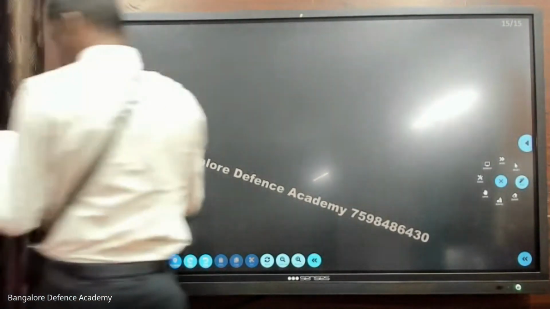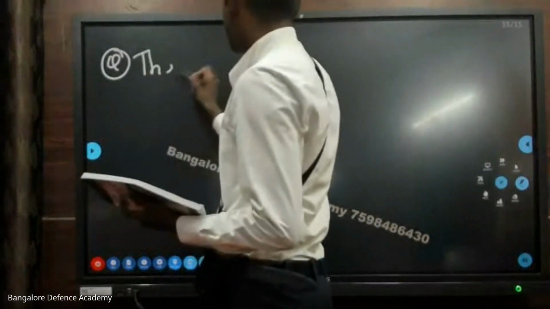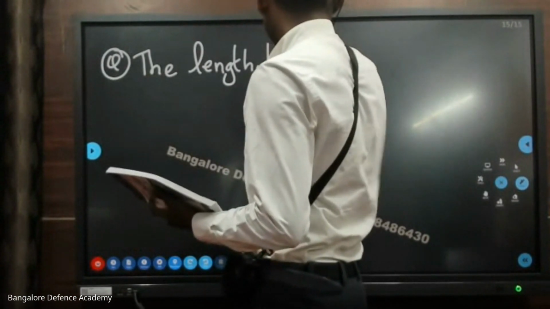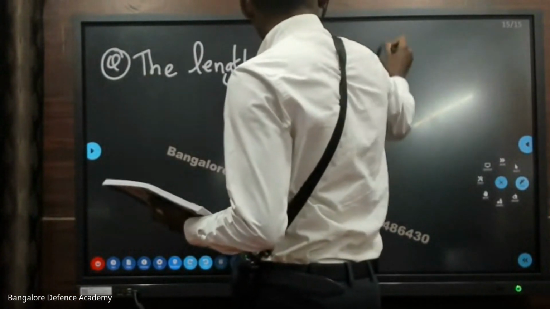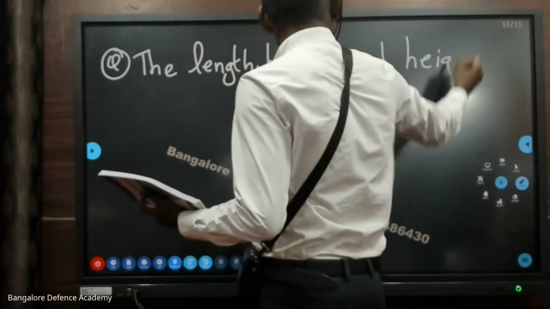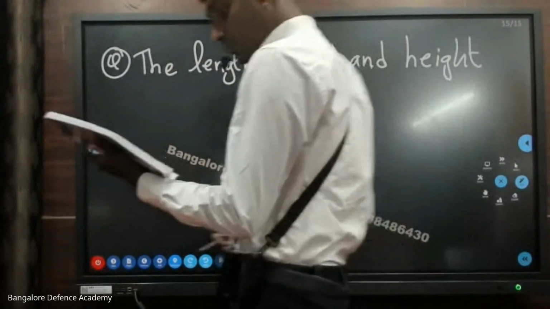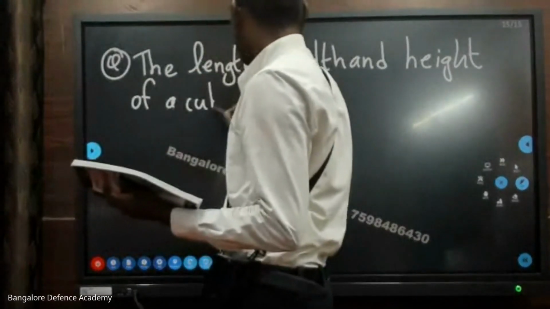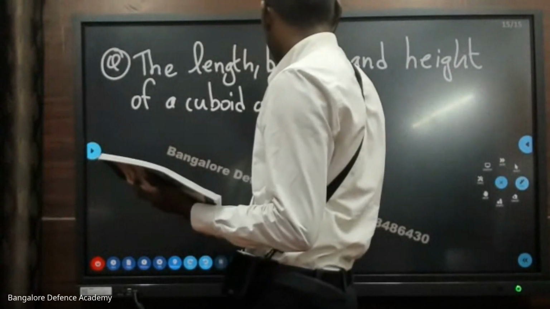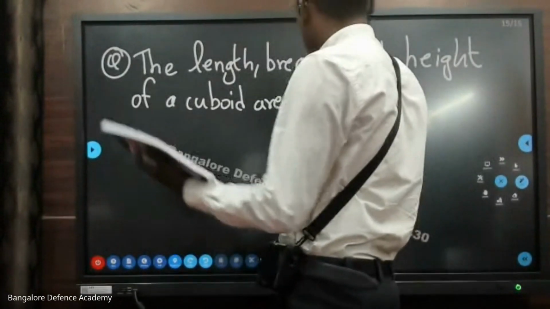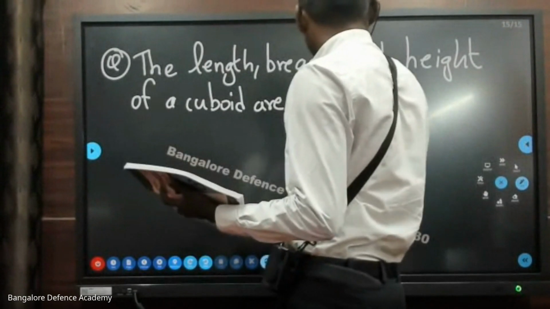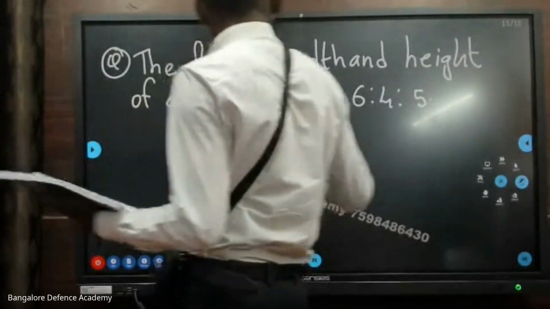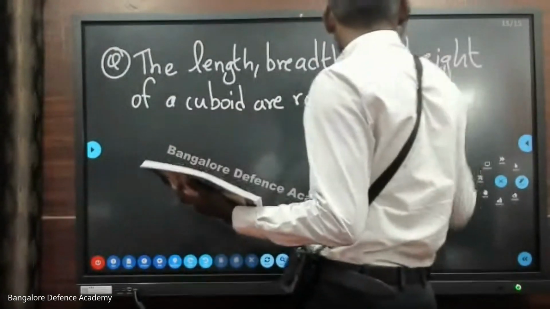Question number 1. Take it down. The length, breadth, and height of a cuboid are in the ratio 6:5:4.